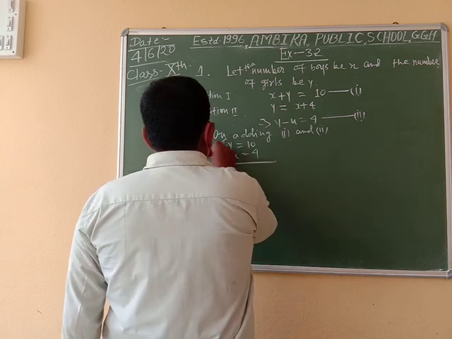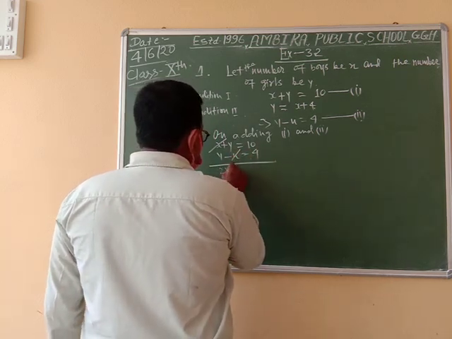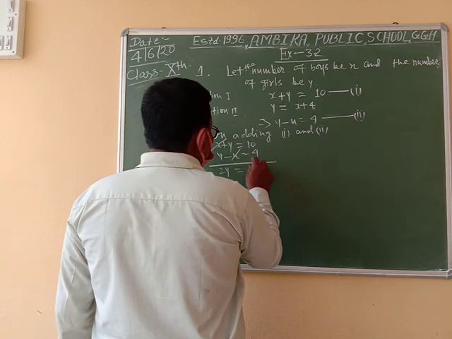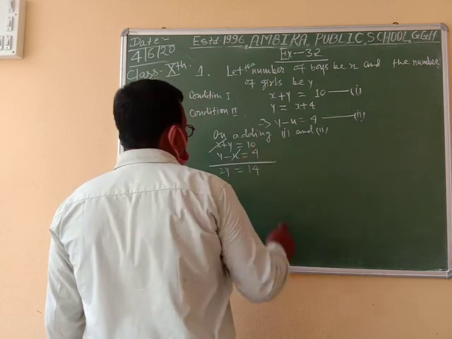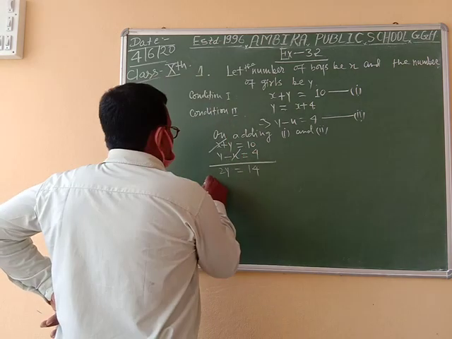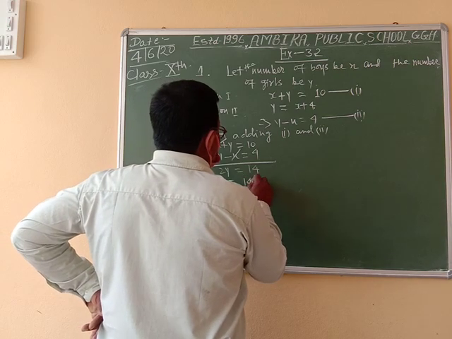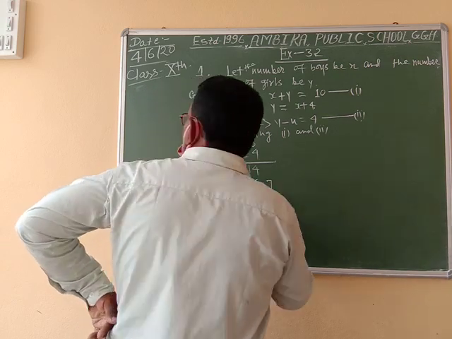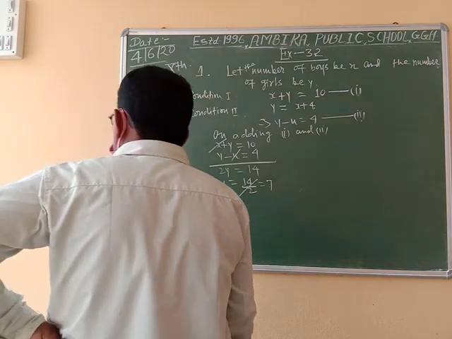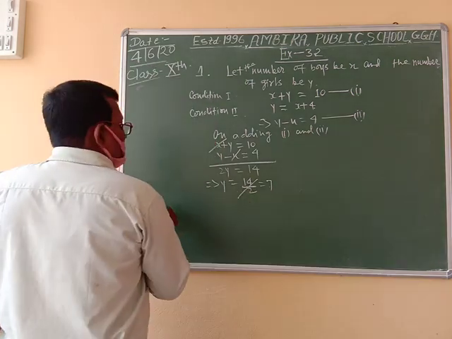Adding, we get 2y is equal to 14. So y is equal to 14 by 2, which is 7. Hence the number of girls in the class is 7.